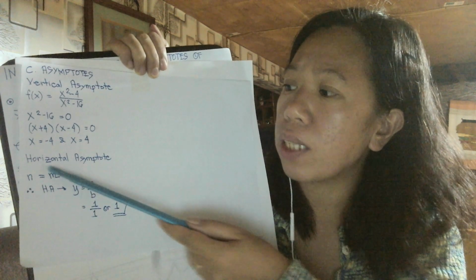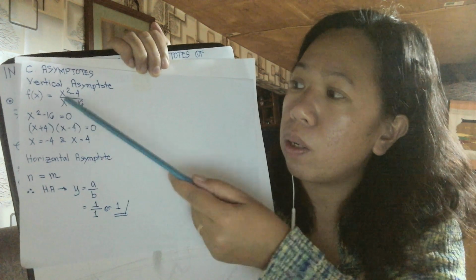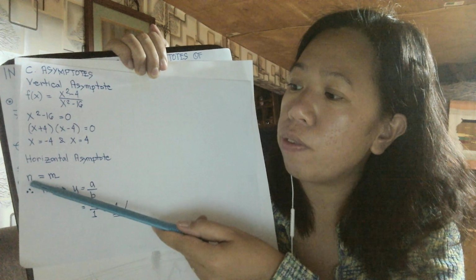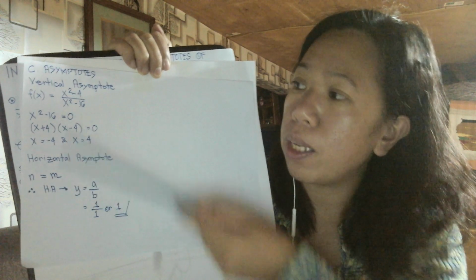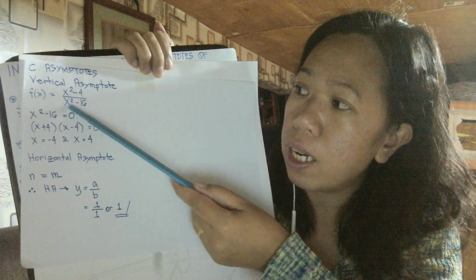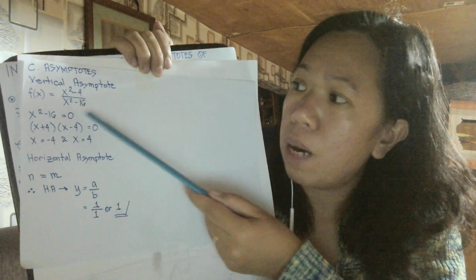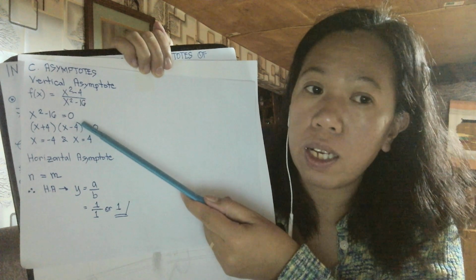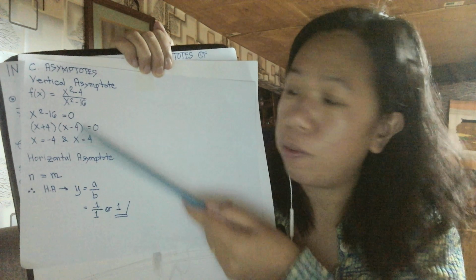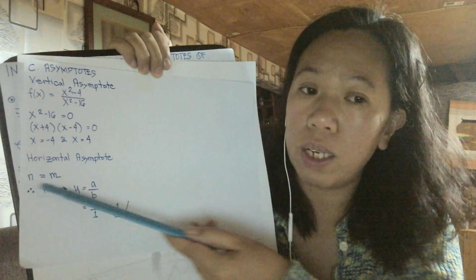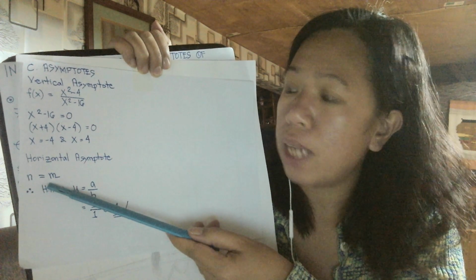And for the horizontal asymptote, consider the degree of your numerator and denominator. So you will notice here they both have a power of 2, therefore the degrees are equal. So n equals m.